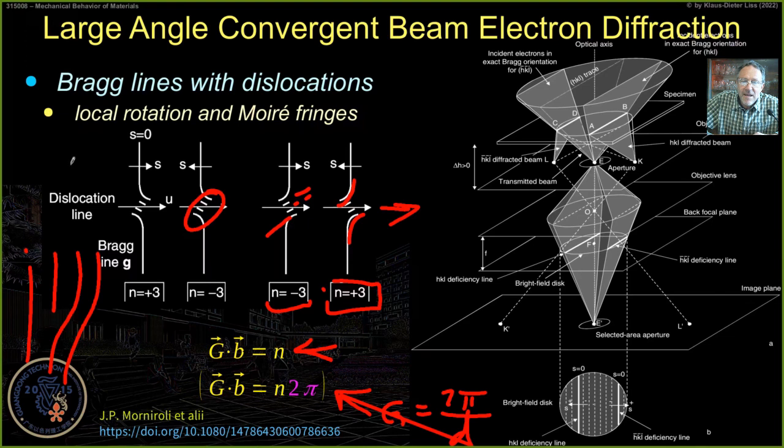And that gives rise to Moiré fringes, which are expressed like this. And mathematically, it can be shown that G dot B gives a number n. And that gives the number of minima in between these fringes.